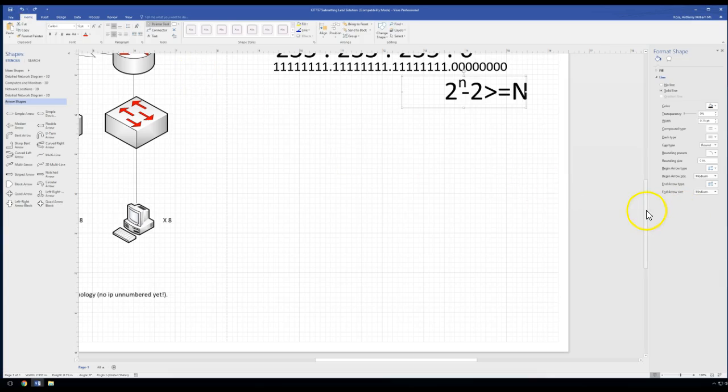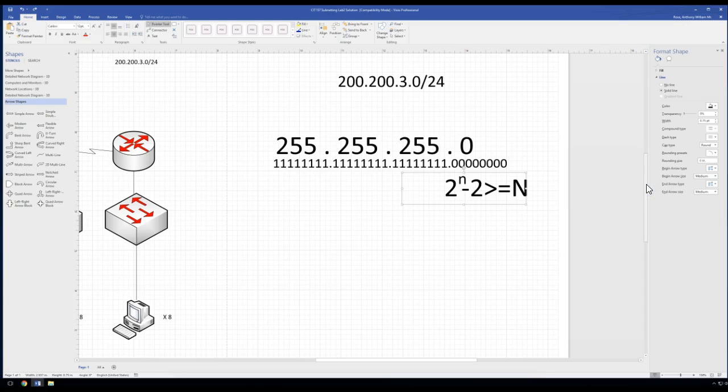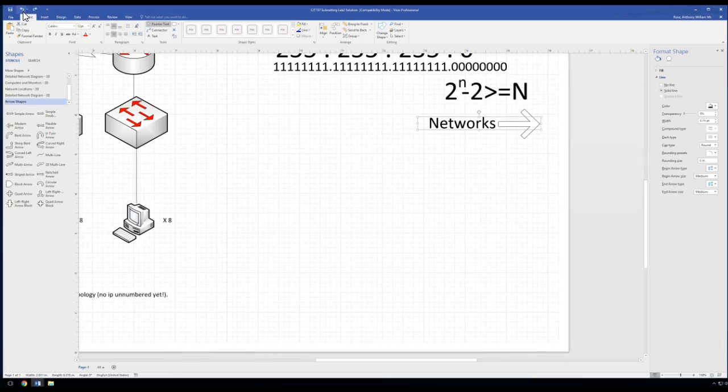Now, for us to subnet, we're going to be working in this last octet, and we use this formula when we're deciding on how to subnet. We kind of use this from both directions.